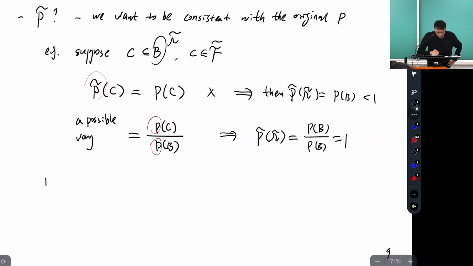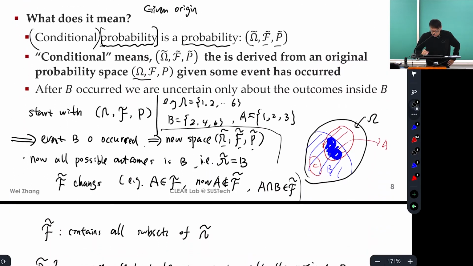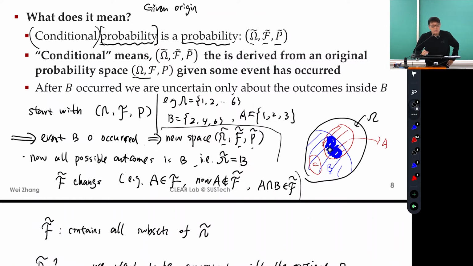Okay, so if A is not a subset of B, right? If A is not a subset of B, then after we see B happen, we can only compute the probability of A as the probability of A intersect B divided by P of B. Only this part has some randomness, right?